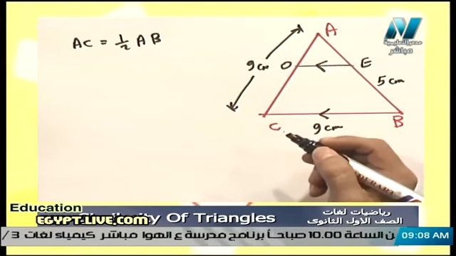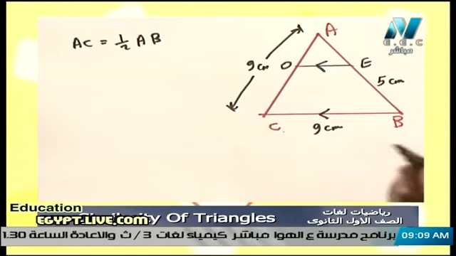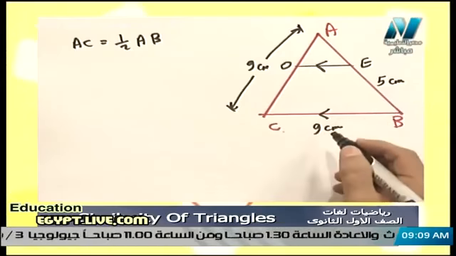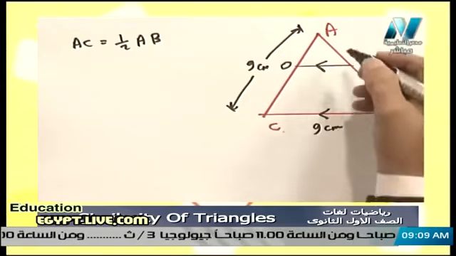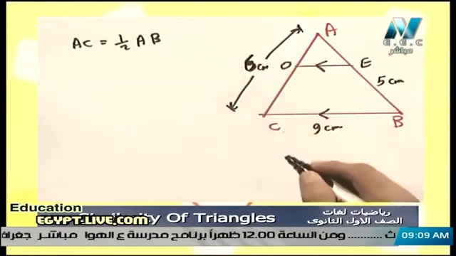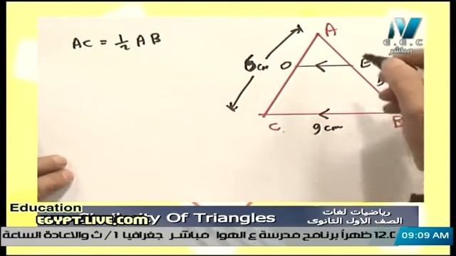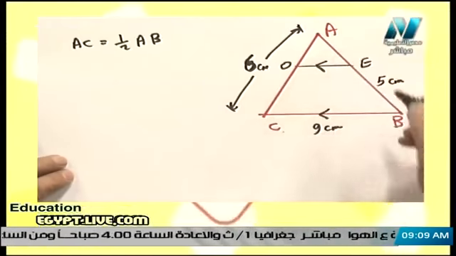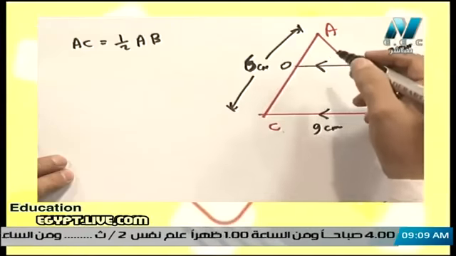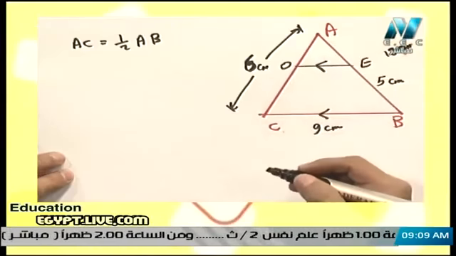Okay. AC equals what? Here EB equals 5 and BC equals 9, and AC equals half AB equals 6 centimeters. So it's 6 centimeters, not 9. So we can say that AB here is 12 centimeters because AC is half AB.